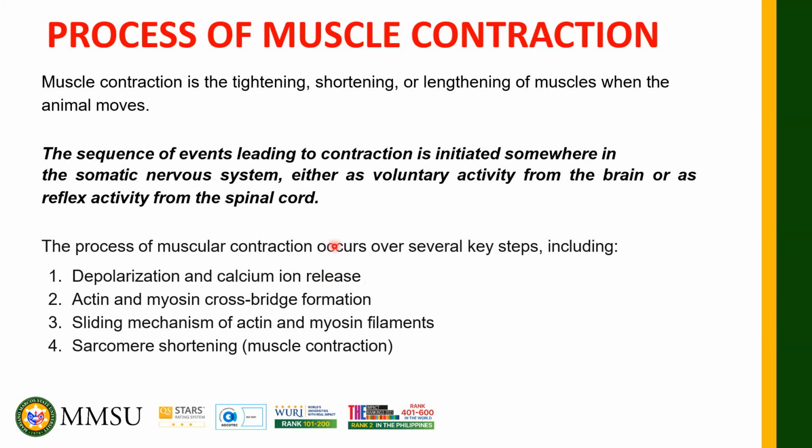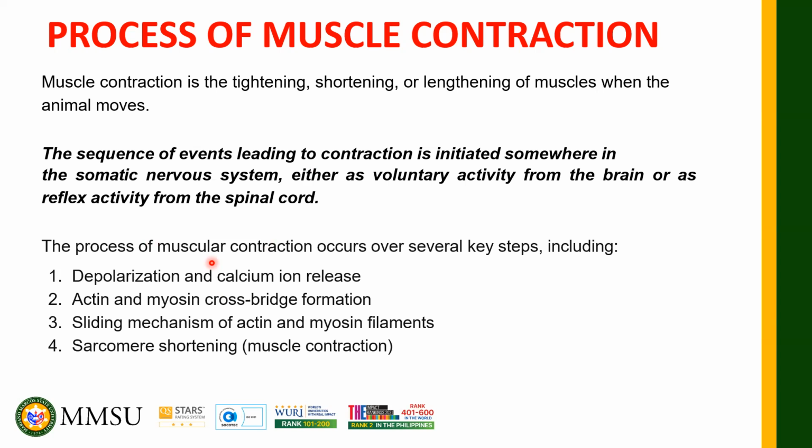So number one dyan is depolarization and calcium ion release. So if the nervous system, okay, when the nervous system signals a muscle to contract, yung action potential or yung electrical signal, it will travel down the motor neuron to the neuromuscular junction.